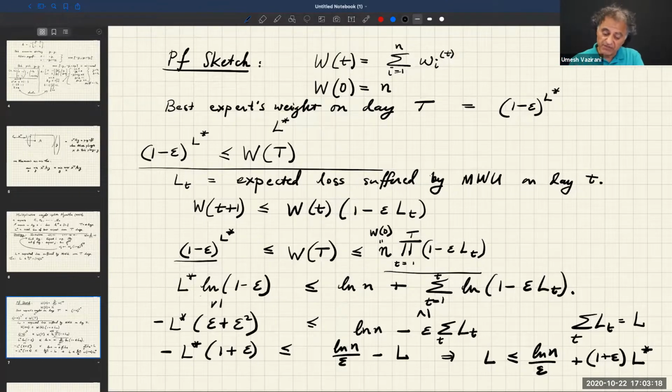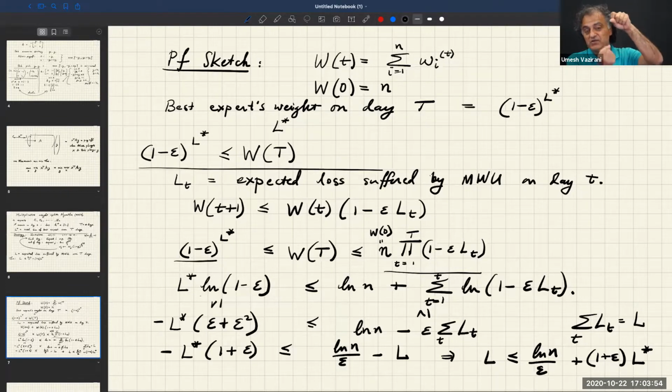So what's the main point here? The main point is that the proof of this is actually very simple. It relies on some very simple inequalities, but it relies on just keeping track of this weight function. And what's this weight function? Well, it's the weight on all the experts. You started off with weight 1 everywhere. Then over time, the weight drops according to how much loss each expert suffers. But for the optimum expert, the best expert, the weight doesn't drop by very much.